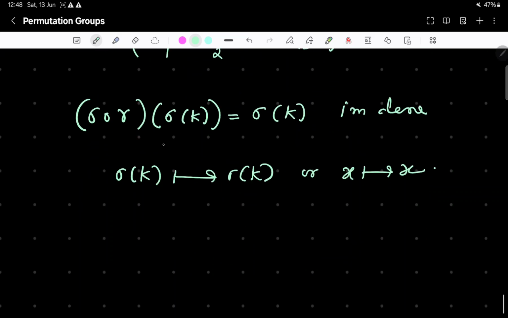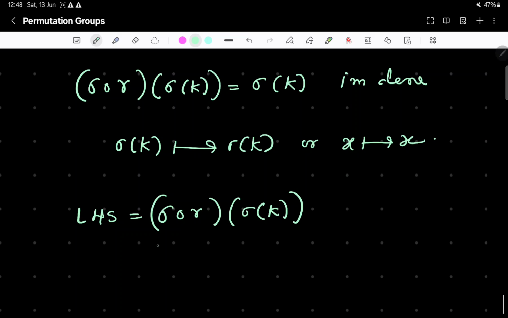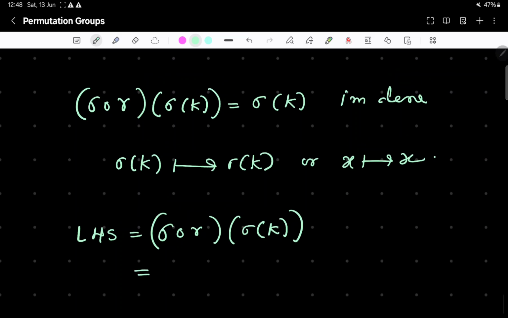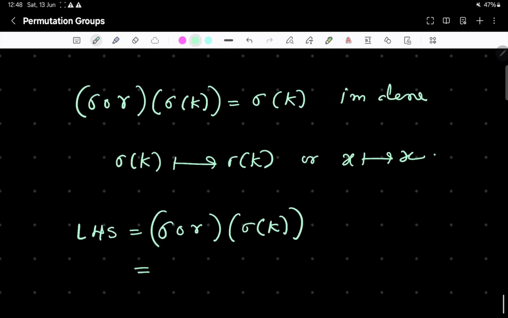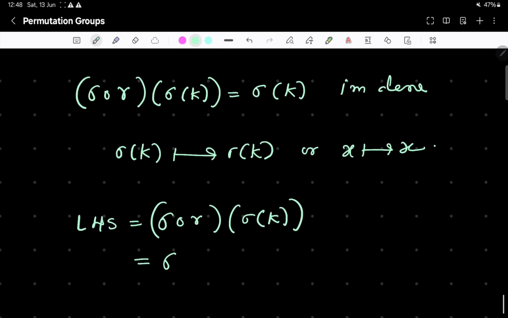So how do you do this? Start from the LHS. Your LHS is (sigma∘gamma)(sigma(k)), which is sigma of gamma of sigma of k.